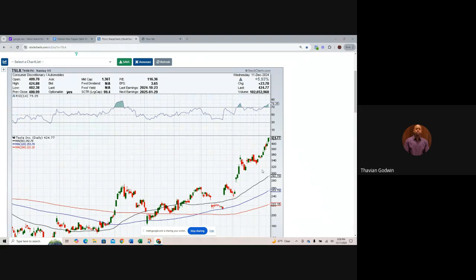The moving averages might change slightly, but just looking at this right now, I definitely wouldn't get in, even though it's running, because it's running off momentum and sentiment right now versus fundamentals. And fundamentals tell you this is too high. You need to come back down before you enter.